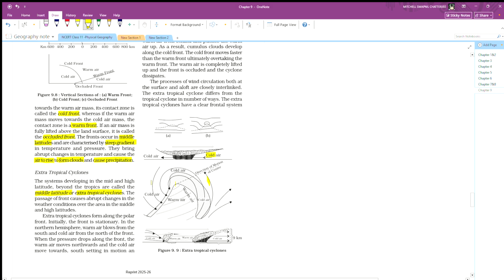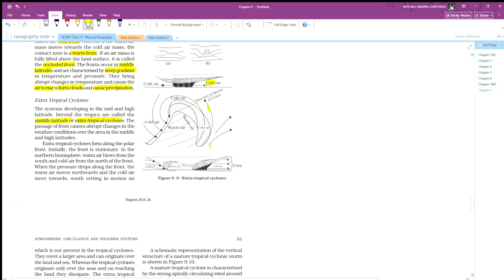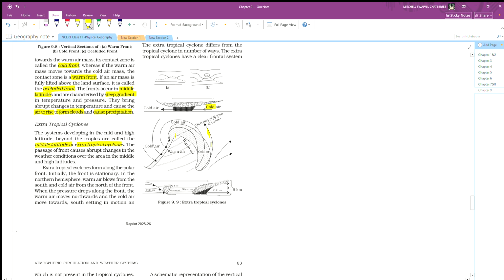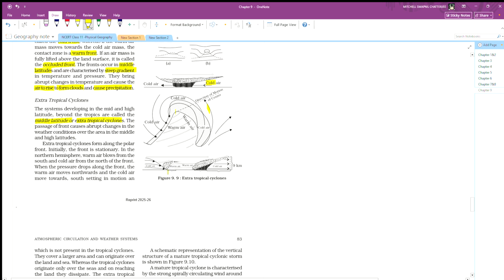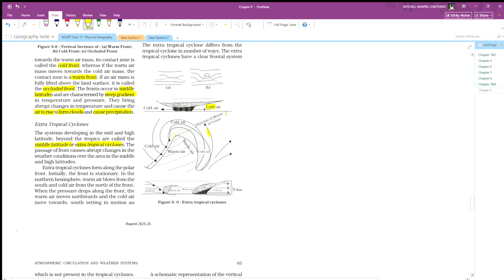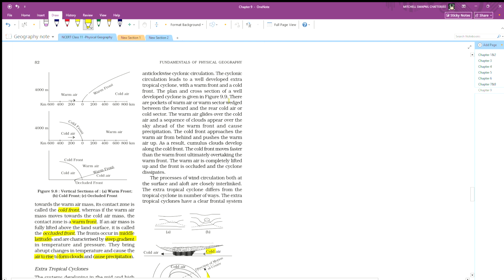So it makes the cold air go below the warm air. There is a pocket of warm air, a sector wedged between the front and the rear cold air, or the cold sector.